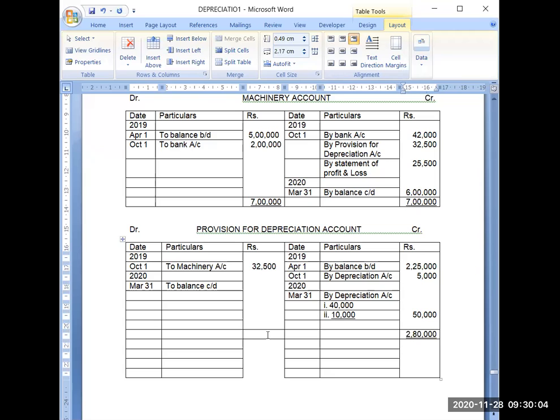And out of this 2,80,000 total, we will subtract the depreciation transfer to machinery account. So 280 minus 30, it will become 250 and minus, so 2,47,500.